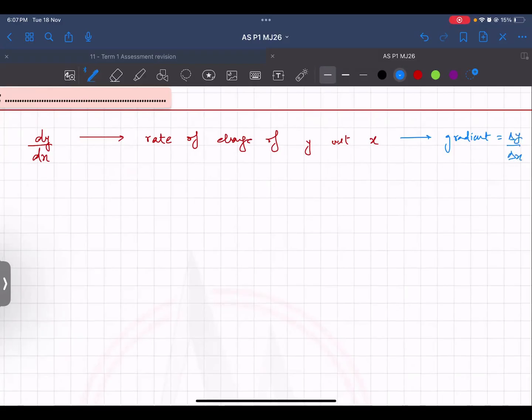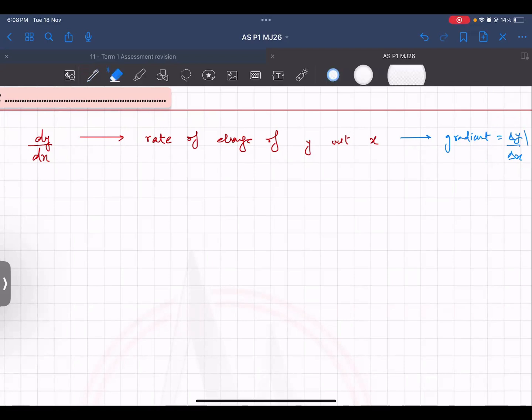So the d on the left side and the change in y upon change in x are very similar. Over here in the gradient formula, we have two coordinates, y2 minus y1 upon x2 minus x1. We take the x values and the y values of the two coordinates, use them in the gradient formula, and get the gradient between the 2 points. But this is dy by dx.